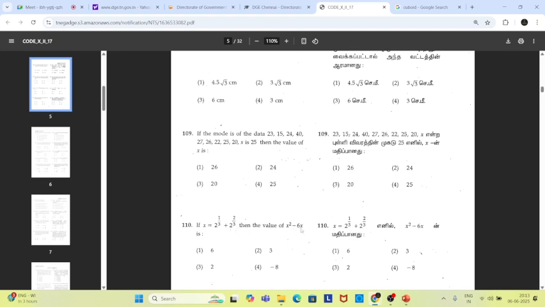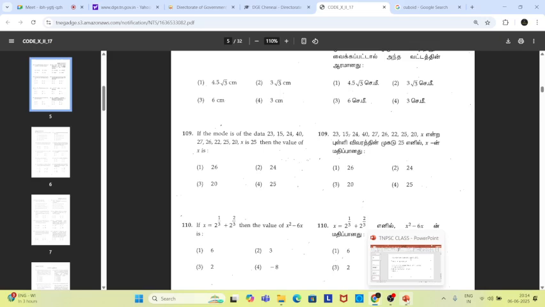Then what is the value of x square minus 6x? Here, I will keep 2 power 1 by 3 as a. Then 2 power 2 by 3 will be a square. So x equals a plus a square. Am I correct or not?